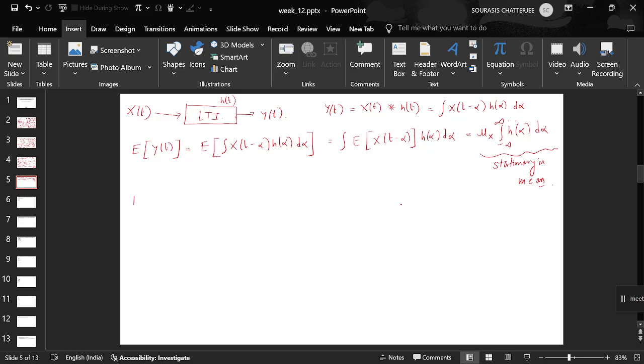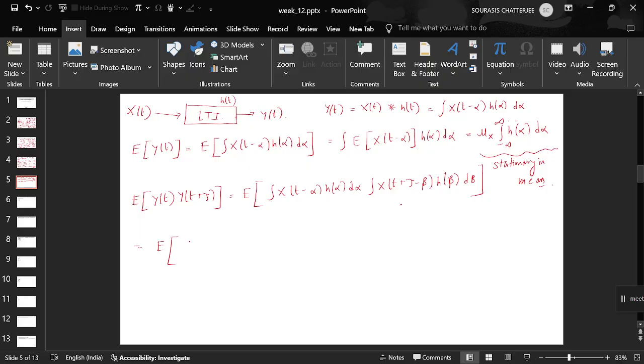So for that we need to compute the expectation of yt times y(t plus tau). That is equivalent to computing the expectation of the integral x(t minus alpha) h(alpha) d alpha times the integral x(t plus tau minus beta) h(beta) d beta. I need to use another variable to keep them separate.